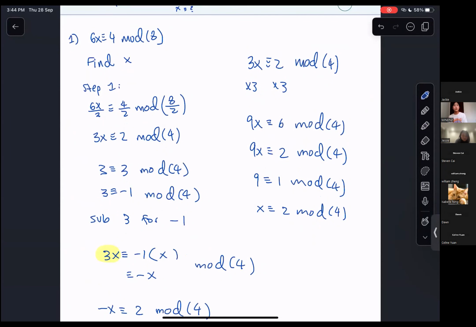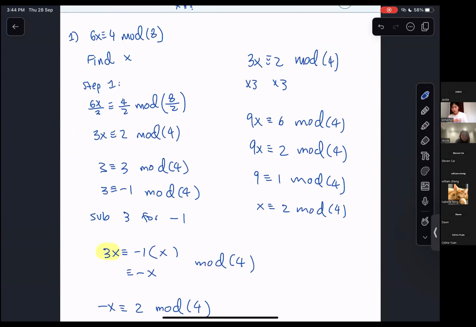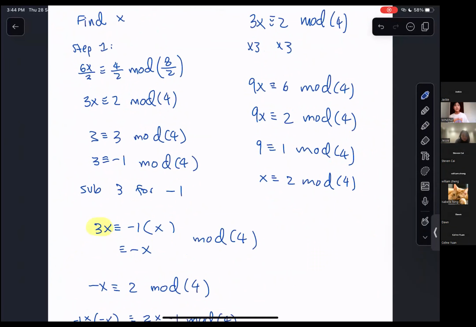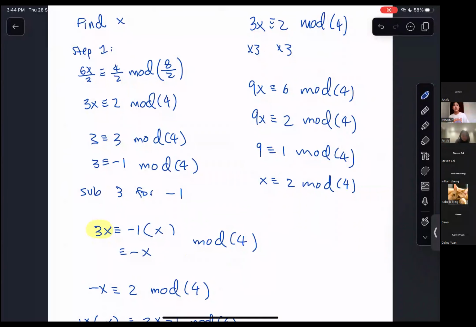And this one is just more of a multiplication format, while this is mainly just noticing that 3 is congruent to -1. And the first way we did it, it's really good because in this case, we notice that 3 is congruent to -1 mod 4, right? But it's not always going to be the case. So if it's not the case, we might not be able to easily just change it to -x.